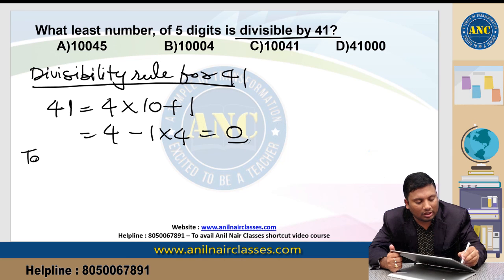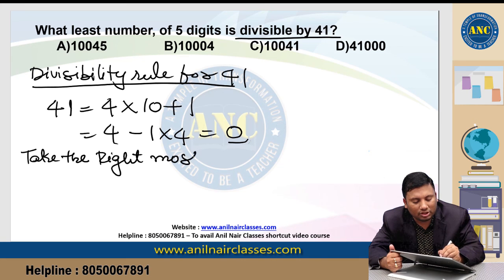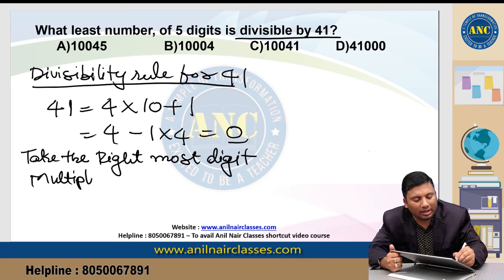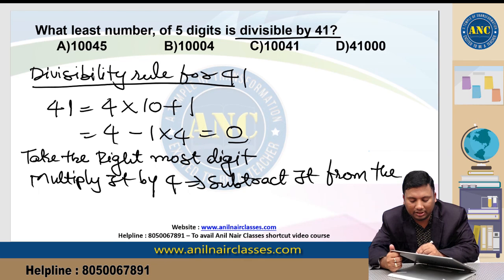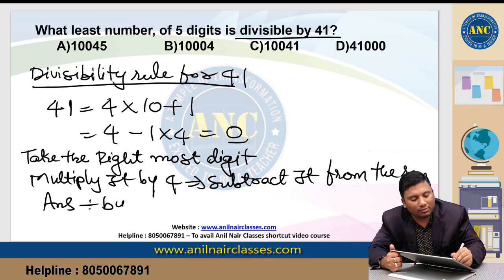So take the rightmost digit, multiply it by 4, and subtract it from the remaining. The answer should either be divisible by 41 or it should give 0.